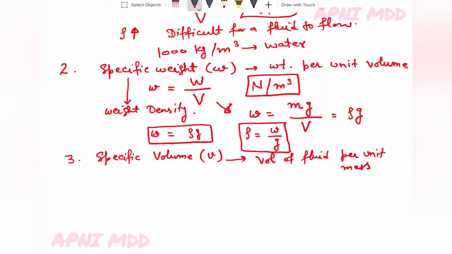So you can write v as volume upon mass. SI unit for volume is meter cube, and for mass it is kg. So you can also see this is the inverse of mass density. So this is specific volume.